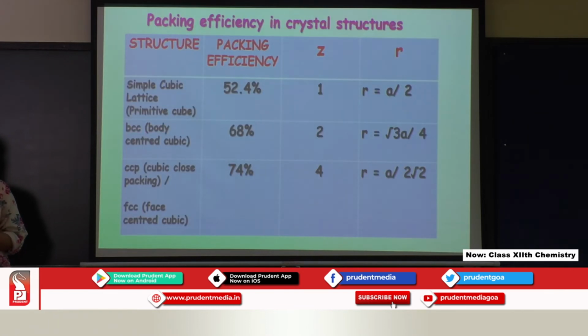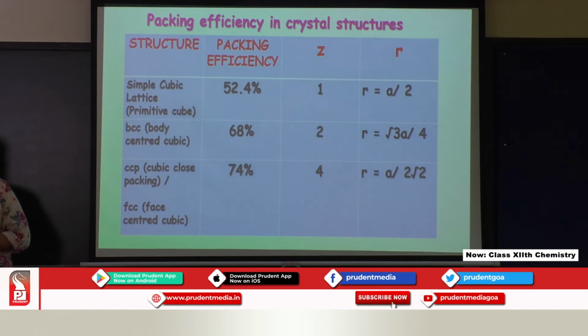This is a table which summarizes the packing efficiency in crystal structures. If you notice, among simple cubic, BCC and CCP or FCC lattice, the most efficient packing is seen in case of CCP lattice, which is also called FCC arrangement. It comes to a value of 74%. The least packing efficiency is seen in a simple or primitive cubic lattice.